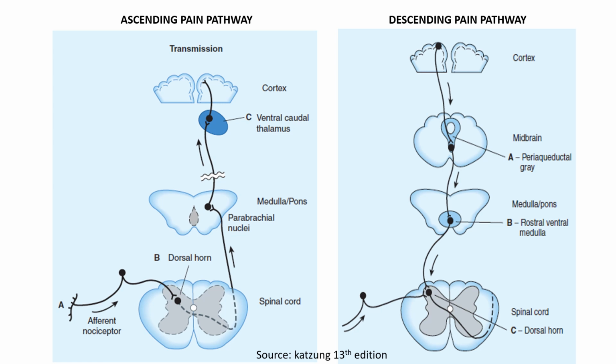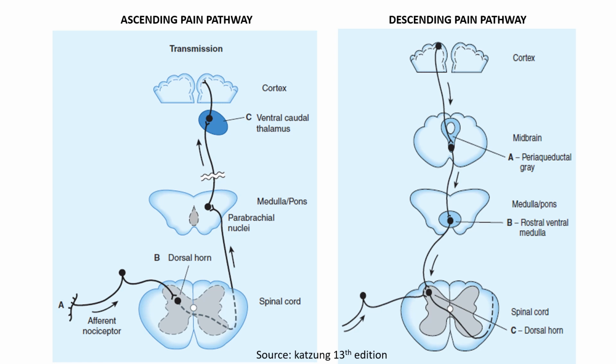And the descending pain pathway starts from the cortex through the midbrain, medulla, pons, and again the dorsal horn of the spinal cord, where it ends. The purpose of the ascending pain pathway is to transmit the pain impulse from the periphery to the cortex. The purpose of the descending pain pathway is to inhibit the perception of pain.